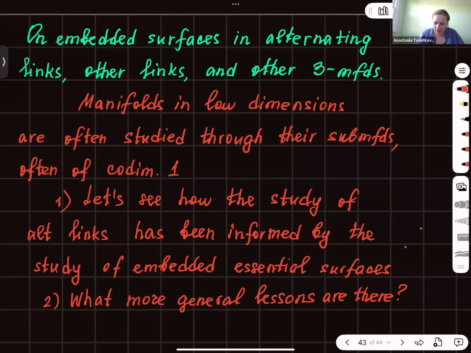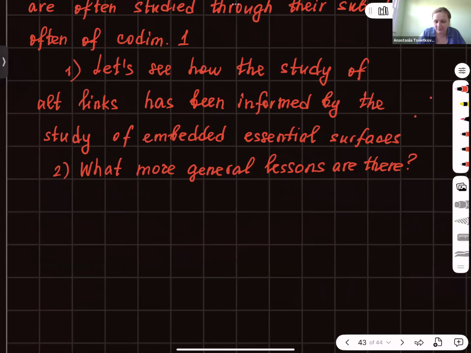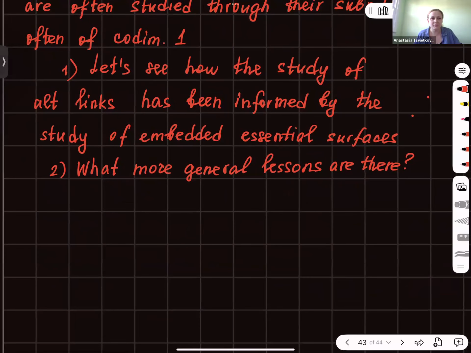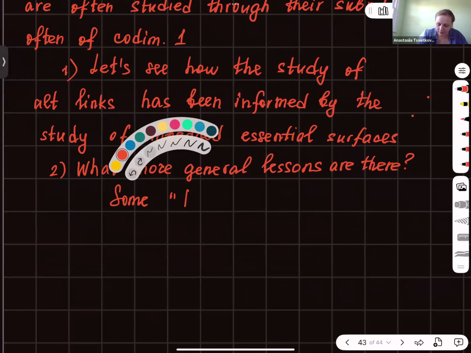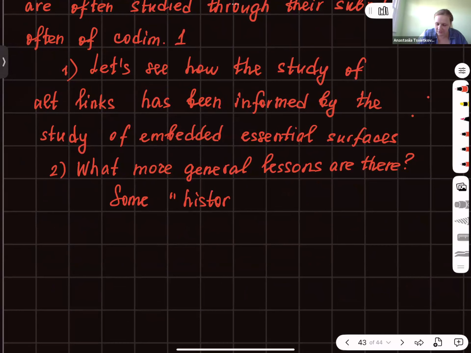So I want to start by recalling some historic theorems about alternating links.